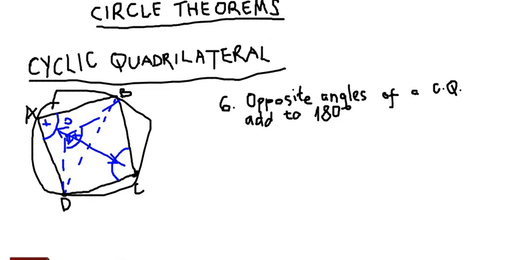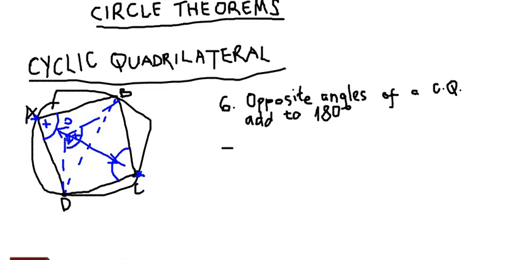So the analysis will give us, because the angles at the center add up to 360, a complete turn, it means the angles at the circumference there will add up to 180. They will be half of what is happening at the center in whichever direction you look at them. So theorem number 6 states that opposite angles of a cyclic quadrilateral add up to 180.